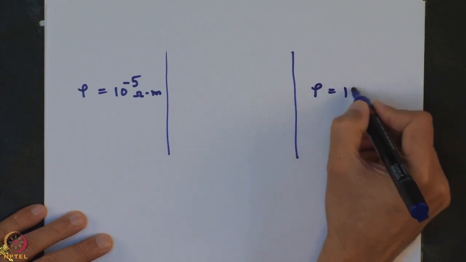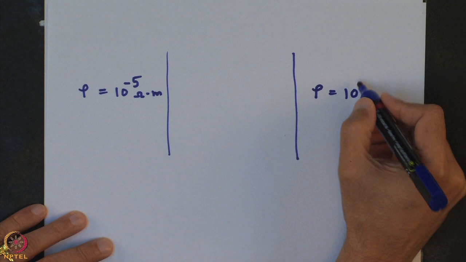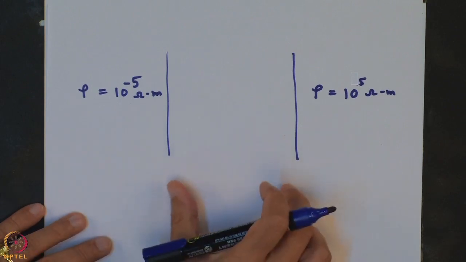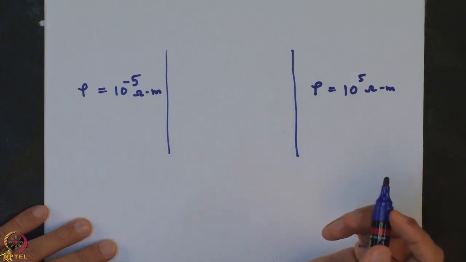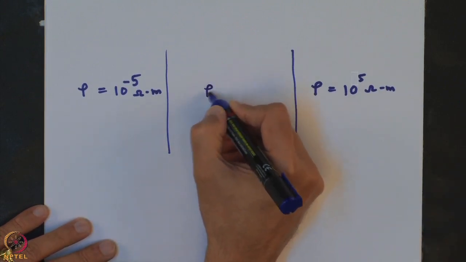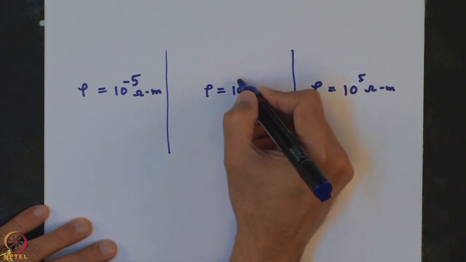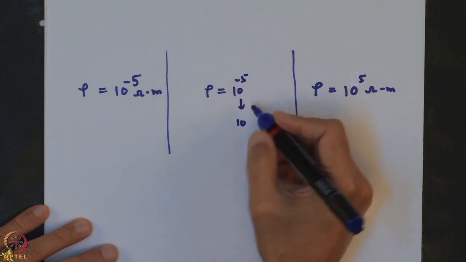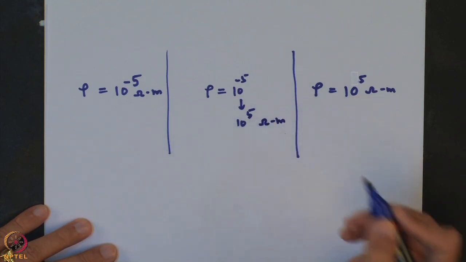There is another one whose resistivity is extremely high. It is in excess of 10 raised to power 5 ohms meter. And lying between these two ranges is another class of solids which has typically resistivity ranging from 10 raised to power minus 5 to 10 raised to power plus 5, and mind you the units are ohms meter.